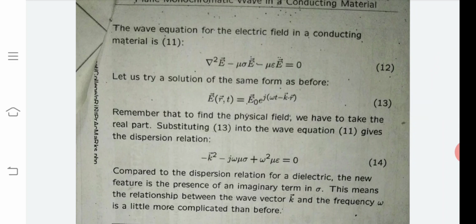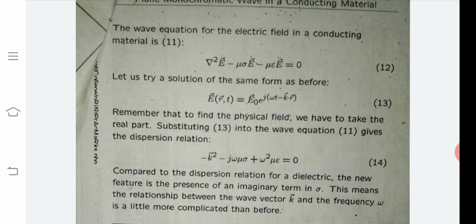The wave equation for the electric field in conducting media is del square E minus mu sigma dE by dt minus mu epsilon d squared E by dt squared equals 0. Let us try a solution of the same form as before: E of r, t equals E naught e raised to the power j omega t minus k dot r. To find the physical field, we have to take the real part of this equation.